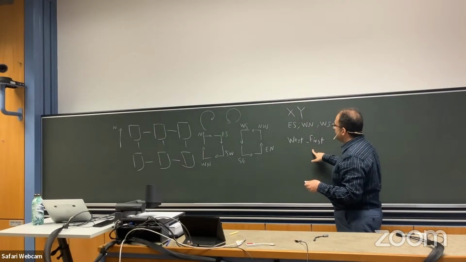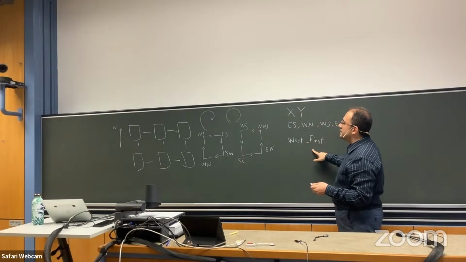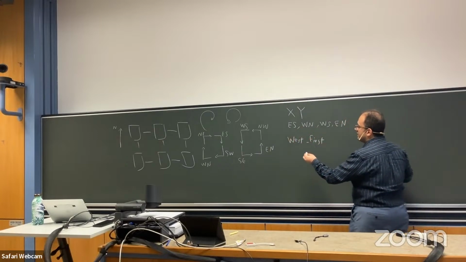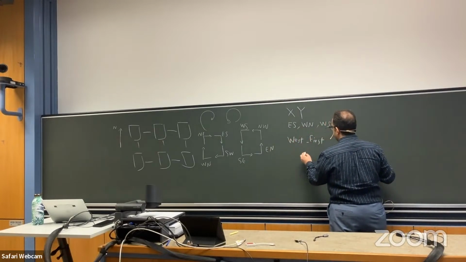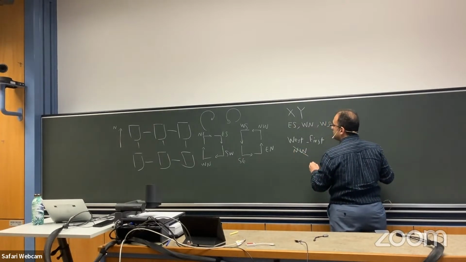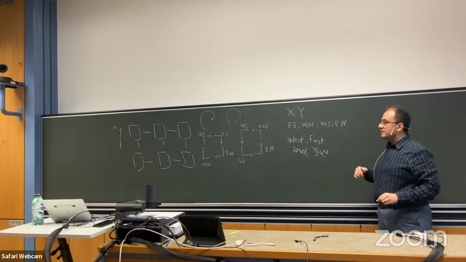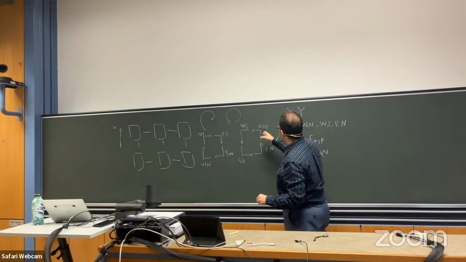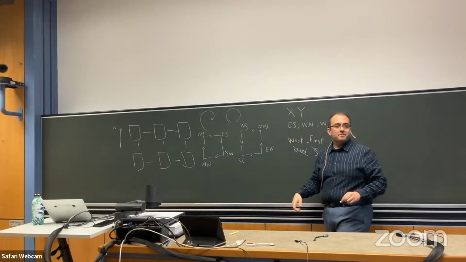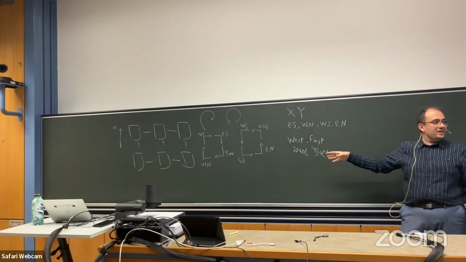Which means in the west-first algorithm, we omit the turns to west after that. So north-west is not allowed, and south-west also is not allowed. North-west is from this circle, and south-west from this one. This is proven to be deadlock free.